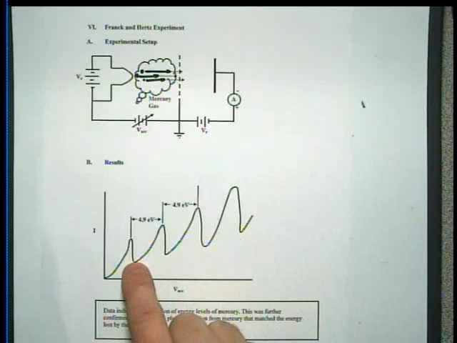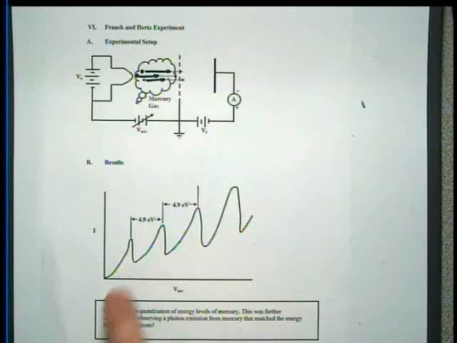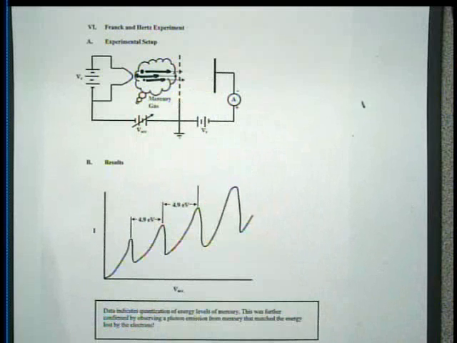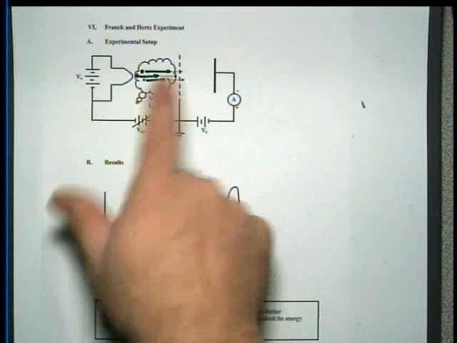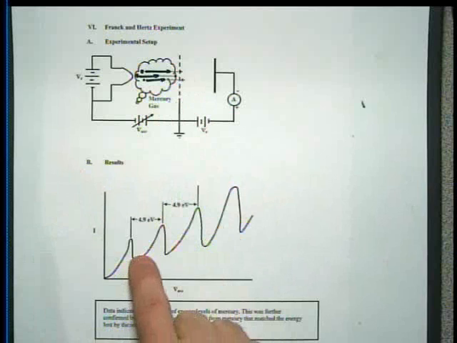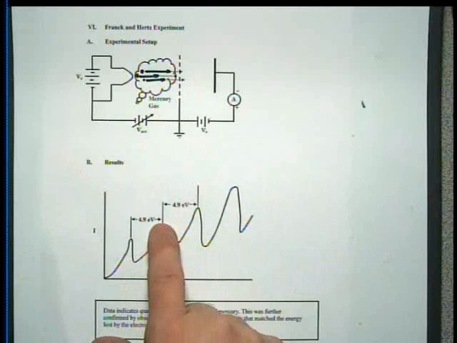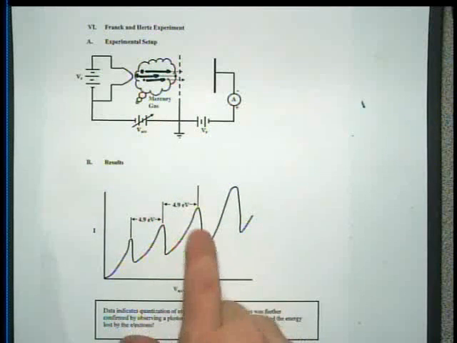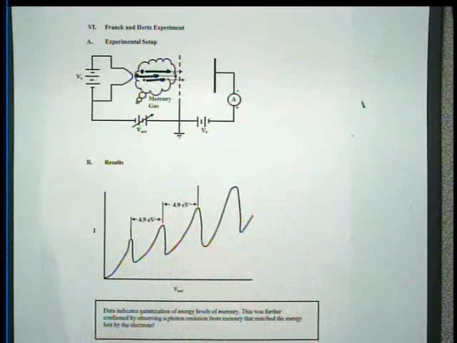That seems very strange. It's almost as if the electrons lost some energy and no longer are traveling very fast and no longer get focused over to my plate. If you turn up the voltage further, it starts going up again. And then it falls. And it keeps doing this at equal energies.